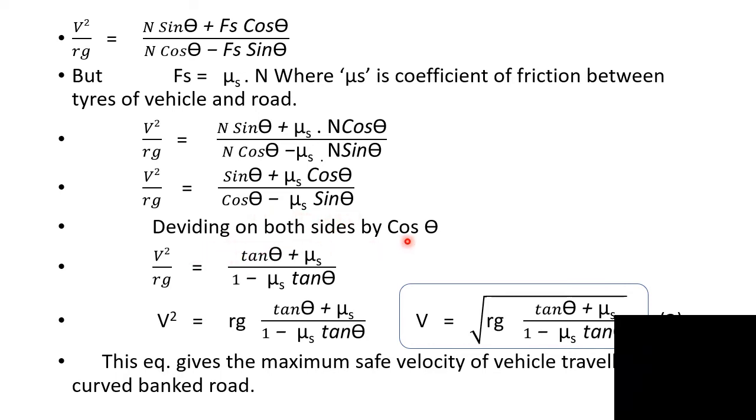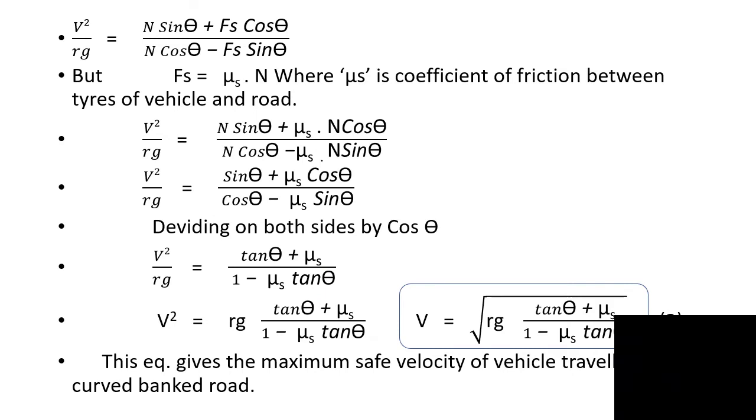Dividing on both sides by cos theta, we get v square upon rg equals, here sin theta upon cos theta becomes tan theta, mu s cos theta upon cos theta becomes mu s, divided by cos theta upon cos theta is 1 and minus mu s sin theta upon cos theta is nothing but mu s tan theta.